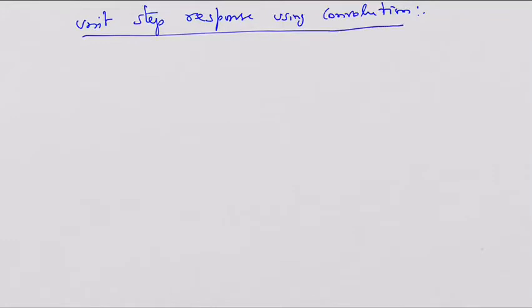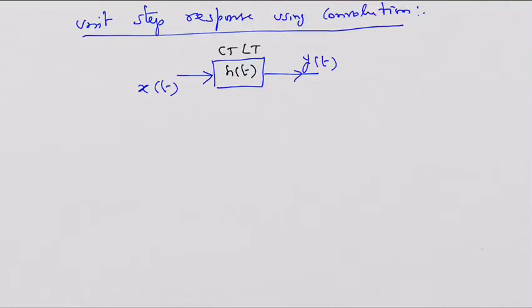See, you know that if a CT LTI system is applied with an input x of t, it produces y of t as an output, where the impulse response is denoted by h of t. Let me call this a CT LTI system. Since it accepts a continuous time signal as an input, it produces a continuous time signal as an output. And you know very well, according to the convolution integral, it is possible to obtain the output of a CT LTI system using convolution.